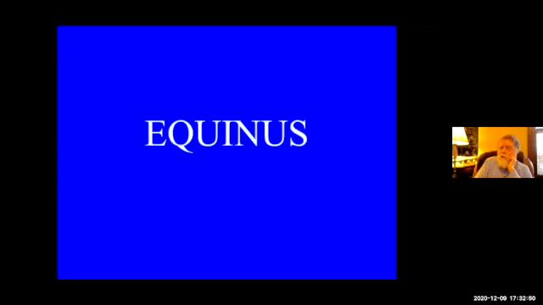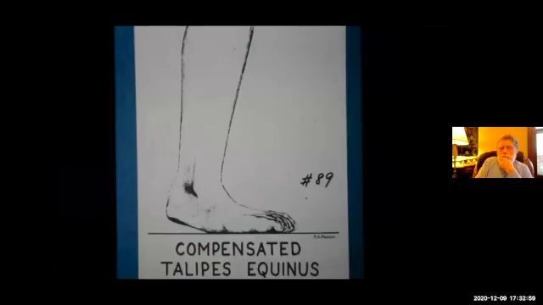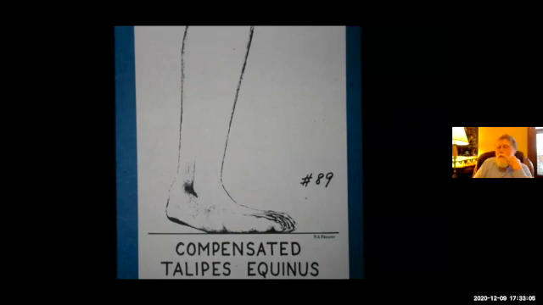So how about equinus? How does equinus cause bunions? What are the different methods? I don't know if anybody was here, but we touched on compensation for equinus. What are the different kinds of compensation for equinus? Anybody remember any of them?